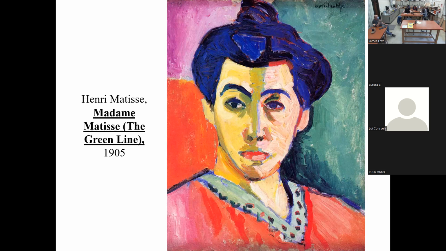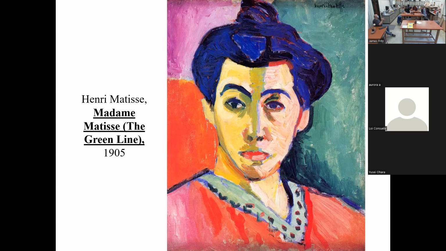A critic who wrote a review of the show said that all the paintings were hung around the walls on the outside of the gallery, and then in the middle of the gallery was this antique statue by Donatello, one of the early Renaissance sculptors. So it was this 400-year-old bronze sculpture in the middle of all of these brand new paintings.